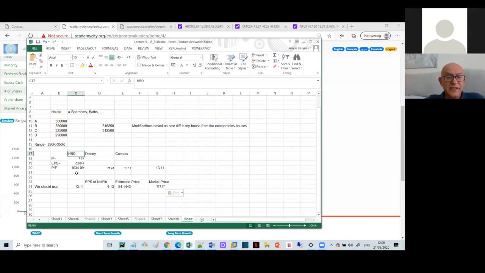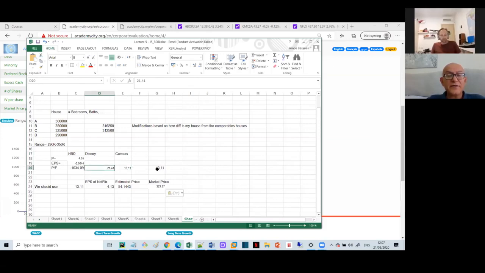Then we use Disney, we use Comcast, and we got the P/E ratio for each one of them. Please use the median. Do not use the average. And here's an excellent example why not. Based on that median, we multiply it by the earnings per share, and we get the estimated price.